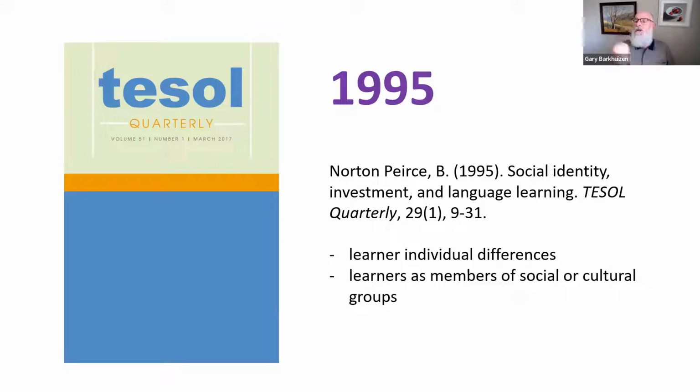They also looked at learners as members of different groups, different cultural groups, different national groups, but they were very much closed groups, in-groups and out-groups, whereas Bonnie Norton's work was looking much more at how people, moment to moment, second by second, interrelate with other people and construct their identities in the process.